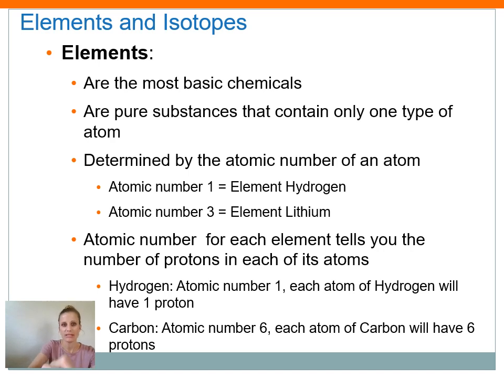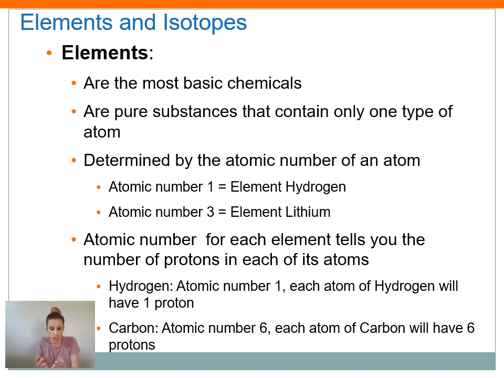An element is the most basic chemical that exists. Elements are pure substances that contain only one type of atom. So you can have a lot of atoms, but they're all the same. So carbon is an element.